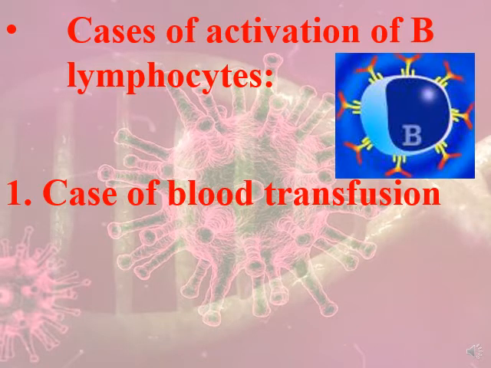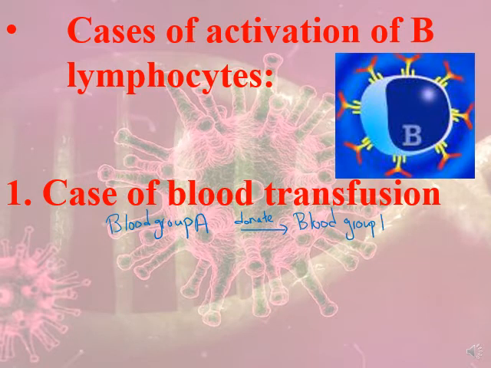B lymphocytes are activated whenever we have blood transfusion, for example blood donation. A person of blood group A wants to donate blood to another individual of blood group B. The donor blood group A has antigen A, while the recipient, blood group B, has antibody A.